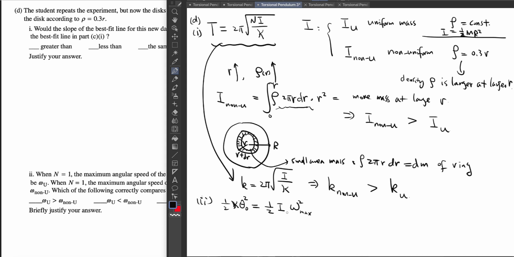So omega max uniform and omega max non-uniform come from the same energy. Since we already argued that the non-uniform I is greater, for this equation to be true we should have omega u max greater than omega non-uniform max.